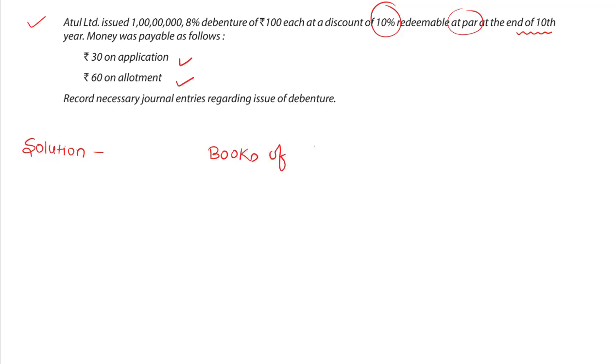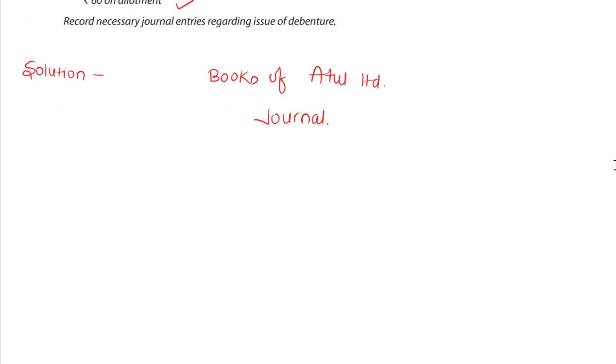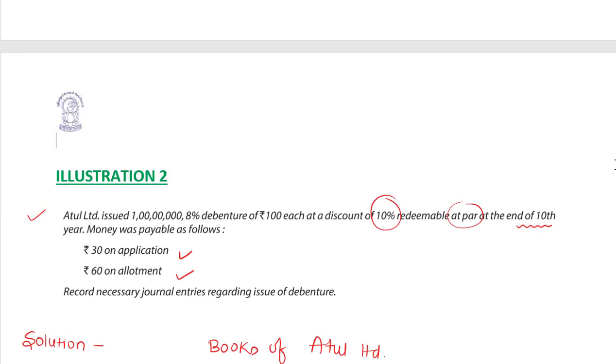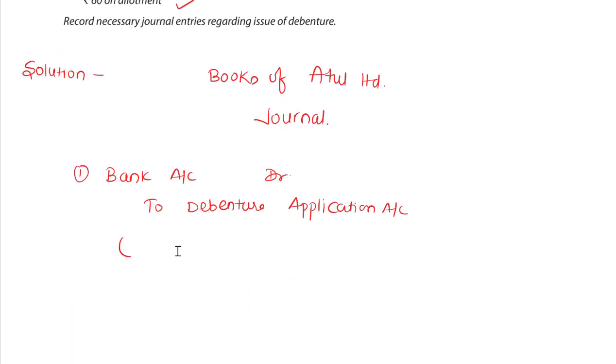Books of Atul Limited, journal. Bank account debited to debenture application account, 1 crore debentures into 30.